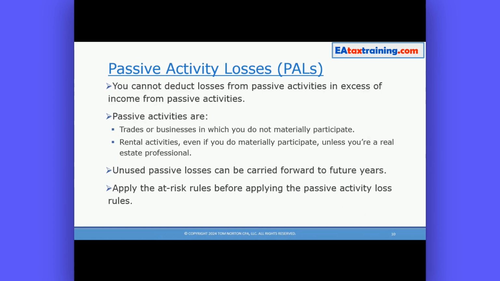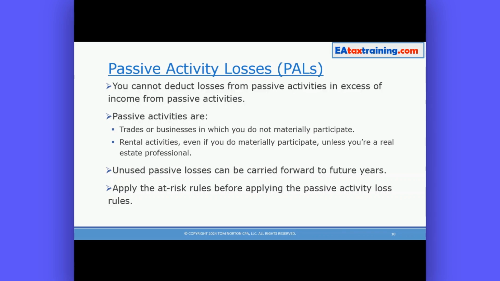So if you've got one or more passive activities that have a gain for the year, that have positive income for the year, then you can use losses from passive activities to offset those gains. But if your losses from passive activities exceed your gains from passive activities, you cannot deduct that excess loss. So that's what a passive activity loss is.